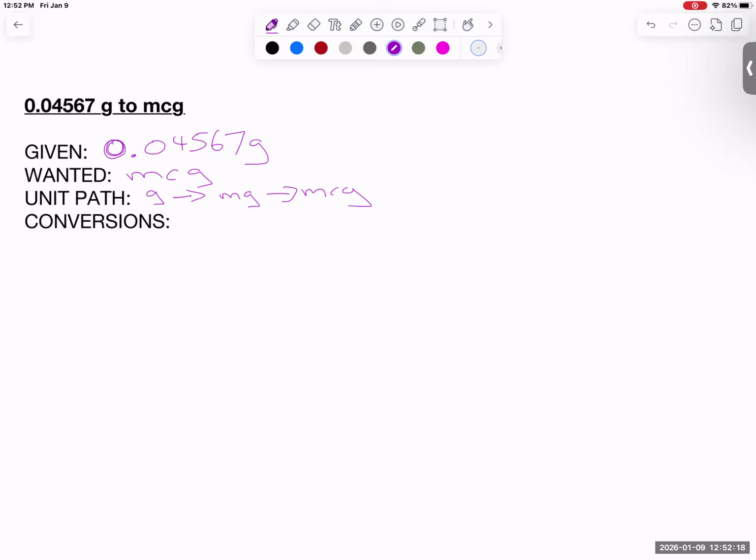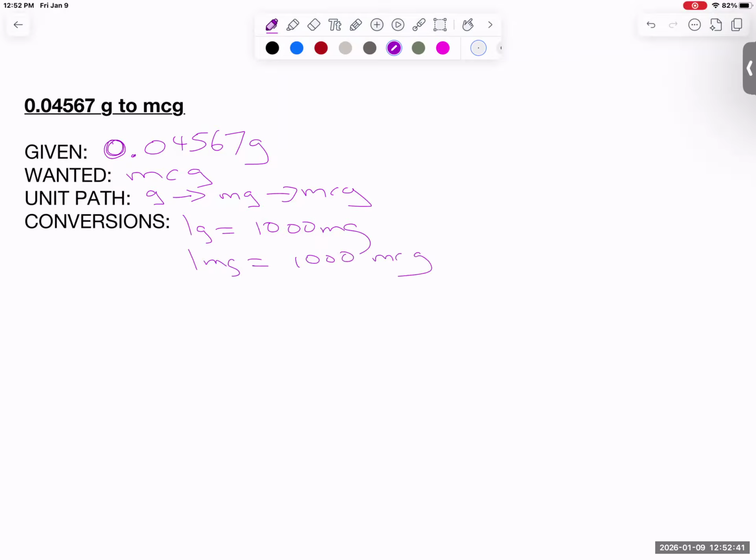Somebody tell me the conversions. 1,000 milligrams is a gram. 1 gram is 1,000 milligrams. Okay. What else do I need? Another 1,000. So yes, 1 milligram is equal to 1,000 micrograms.